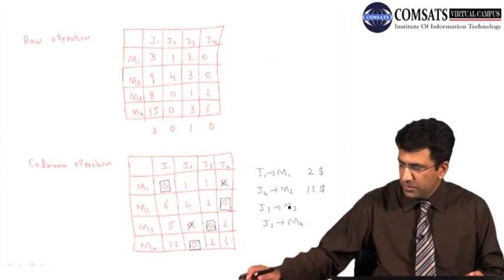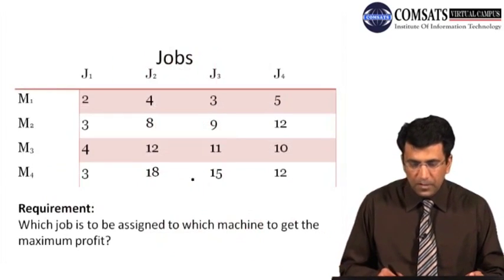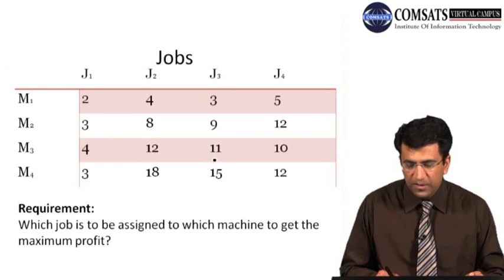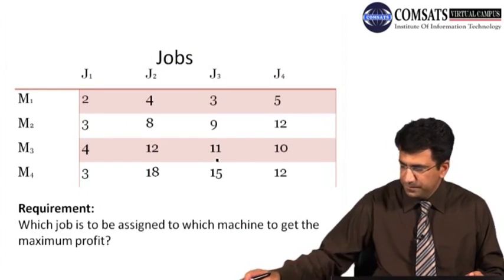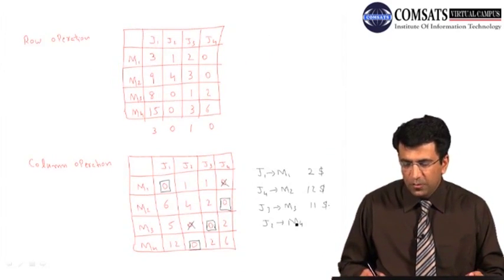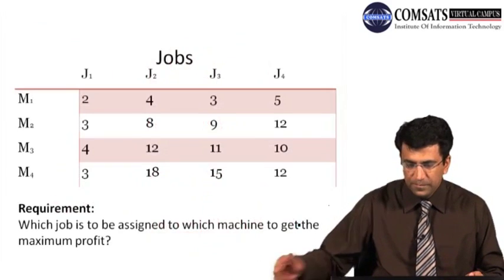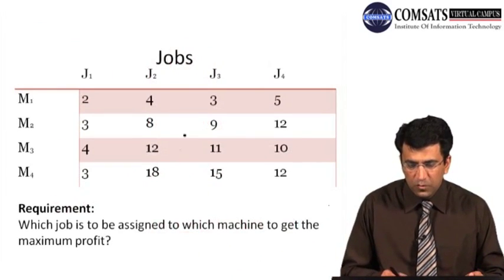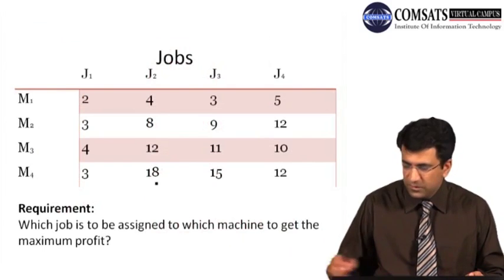Then job 3 to M3, job 3 to M3, this value, that is 11. So this is $11. And job 2 to M4, now again job 2 to M4, this is the value which is $18.